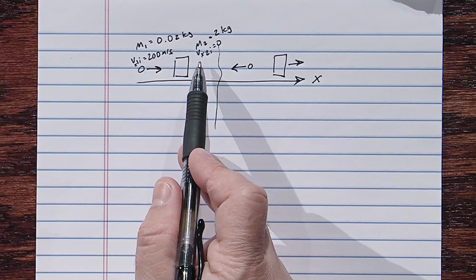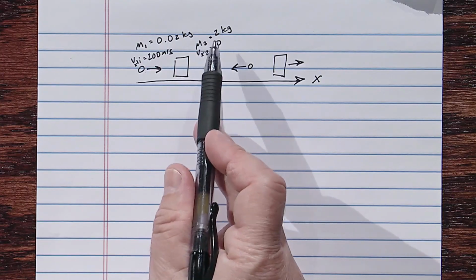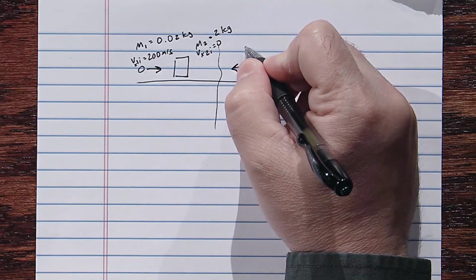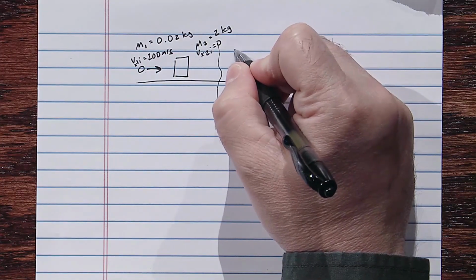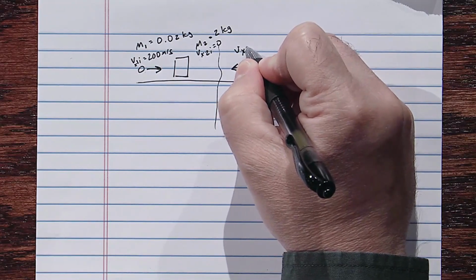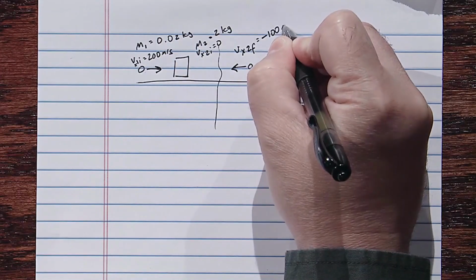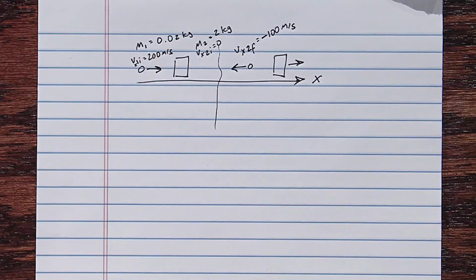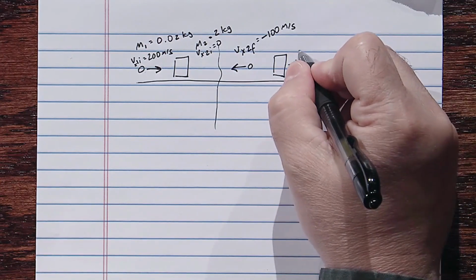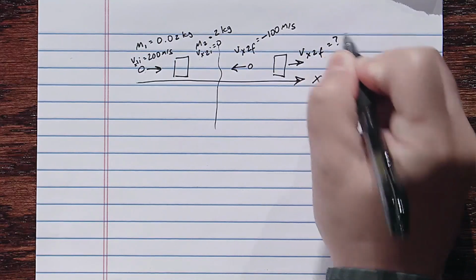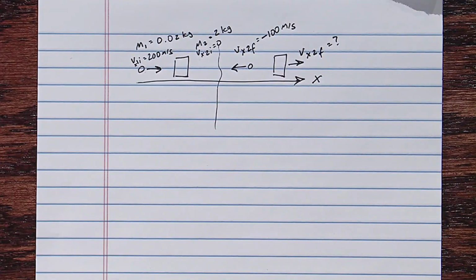The block is initially not moving, and the block has a mass of 2 kilograms. Afterwards, the bullet is moving west, so we will write Vx1 final is minus 100 meters per second, because it is moving backwards relative to how it was before. And the block is moving with Vx2 final that we don't know and that we want to know.